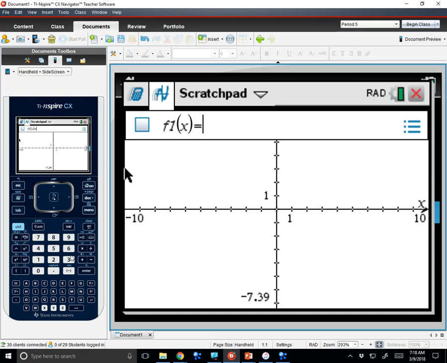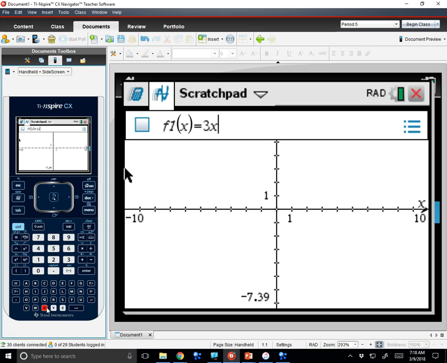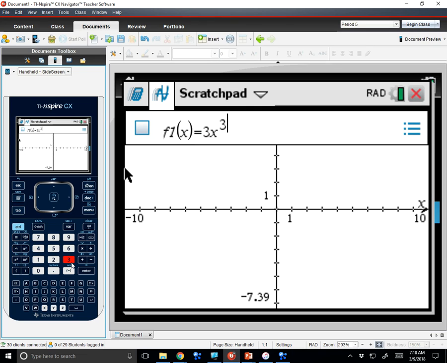Alright, so we've got 3x cubed minus x squared minus 10x. We're gonna hit it.